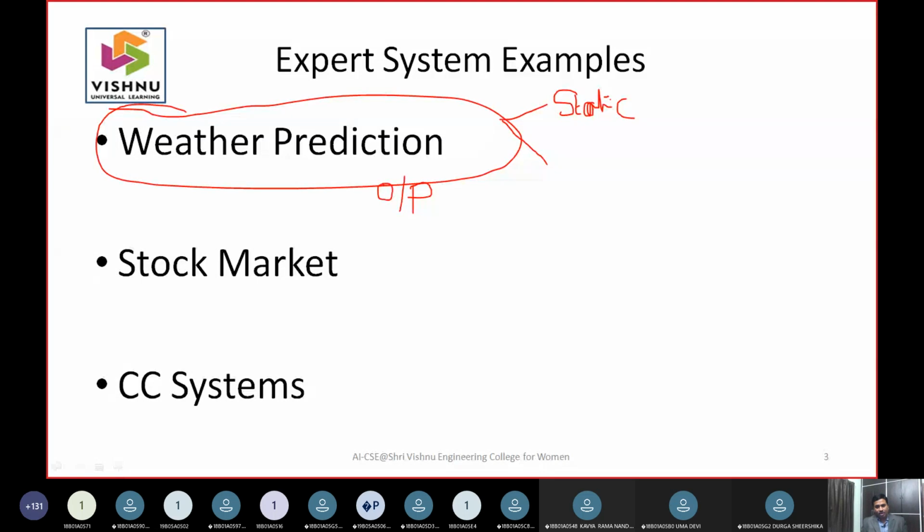So you have static data, and you also need dynamic parameters or dynamic data. Static data is data which is with 100% guarantee. Dynamic data changes with respect to time. So can somebody tell me how the accuracy of a weather prediction system or any expert system will change?